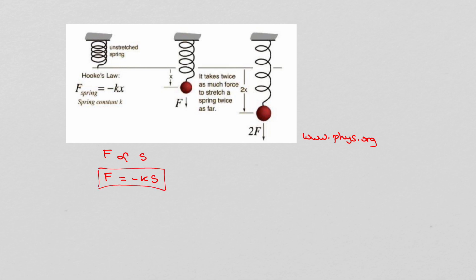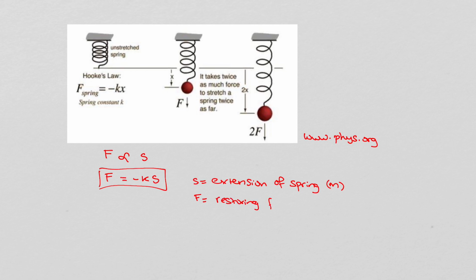So this is the formula that we tend to use, where S is the extension, or in this diagram you can see that it is X, the extension of the spring or the elasticated object, and that's going to be measured obviously in metres. F is your restoring force, which is measured in newtons, and K is the spring constant or the elastic constant.